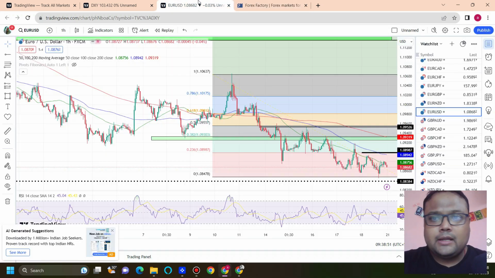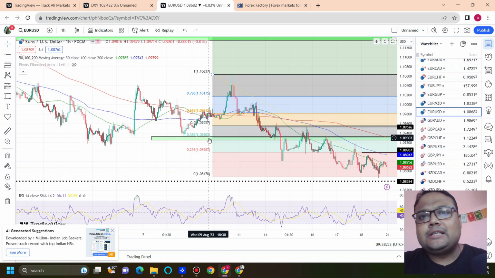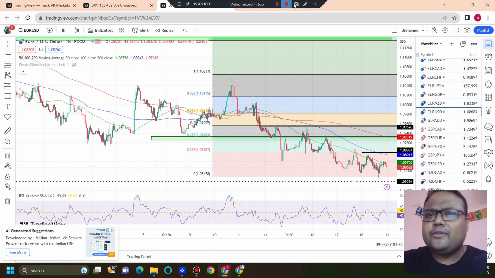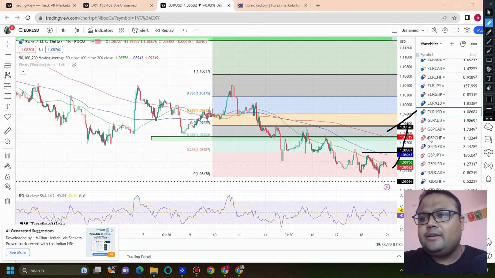As we all know, Euro USD is in downtrend for quite some time, and my dear friends, as we all know very well, for a trend reversal we need the backing of a fundamental factor. And on Monday and Tuesday we don't have any big news coming up that will push the market towards the upside. In absence of any fundamental factors, we should be following the trend of the market only.